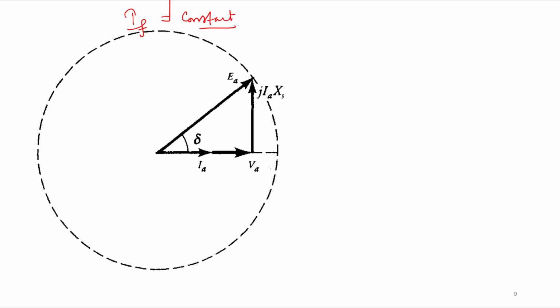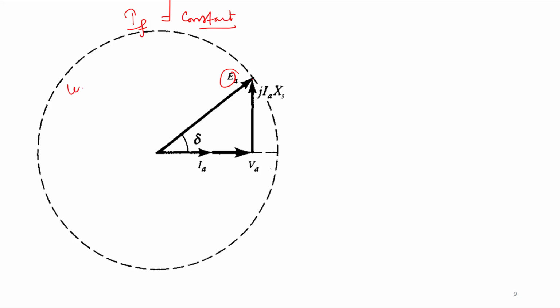Considering the field current constant, that means your generated EMF, EA, will remain constant throughout. So if we draw the locus for EA, it will give me a circle, right? Now, the load current will increase or decrease.